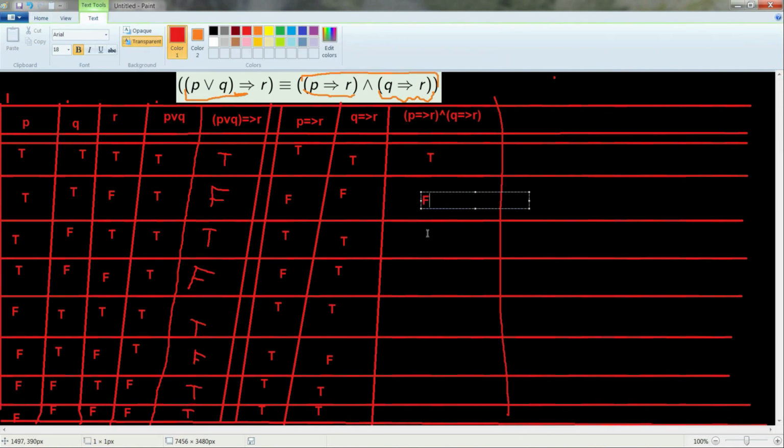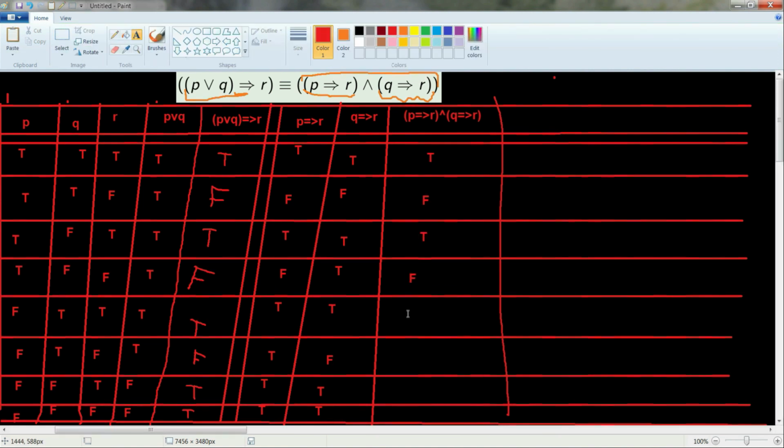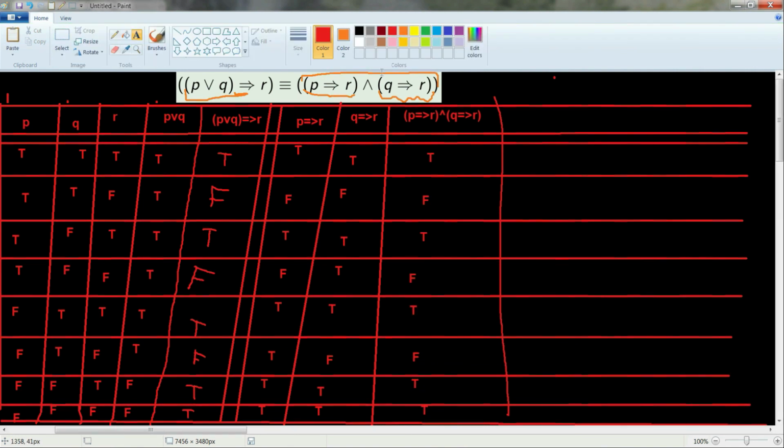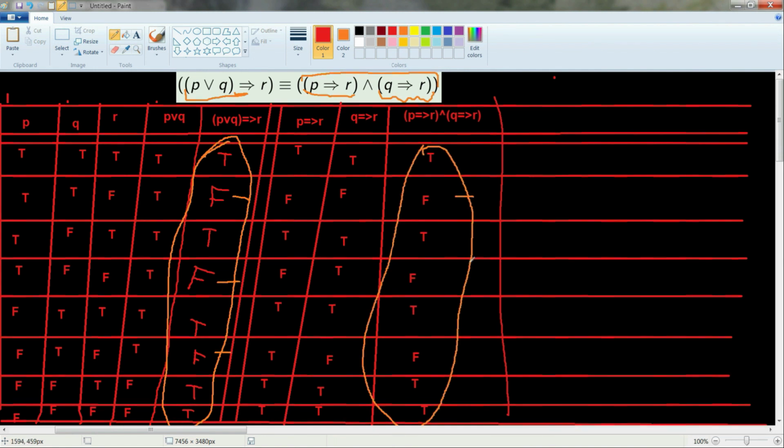For the second column, I get false, true, false, true, and true. So now I can notice that this column is false precisely here, here, and here, and this column here is also false precisely on those three entries. Therefore, these two statements have the same values in the truth table, and therefore they are equivalent.